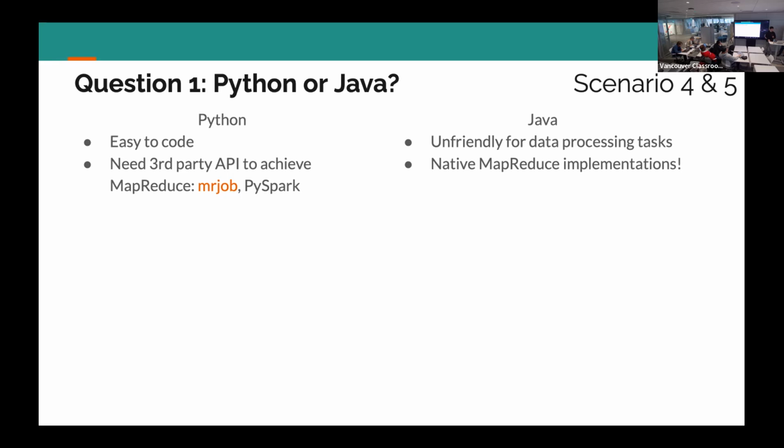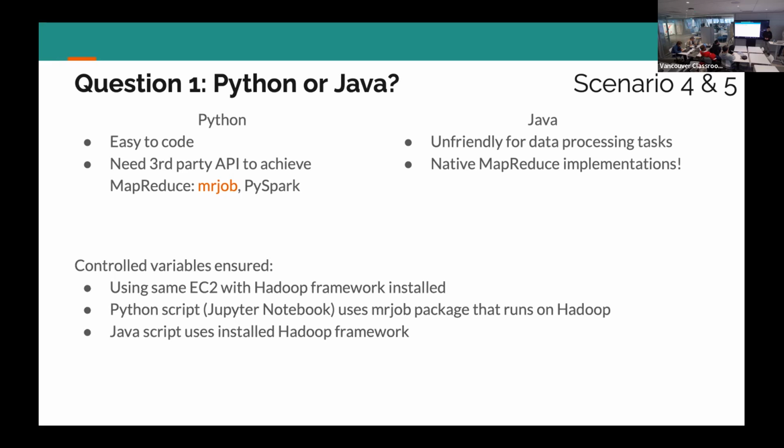But when implementing in Python using MRJob, I encountered the limitations of our AWS Academy. We cannot create IAM roles or users. So initially, I was trying to implement everything in Python, but later on, I just transferred to Java. And also, Java has the advantage of using the native MapReduce implementation.